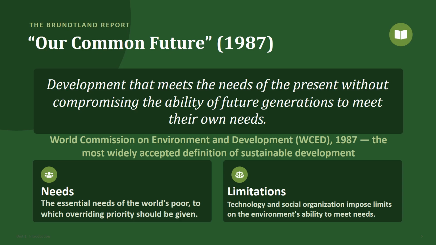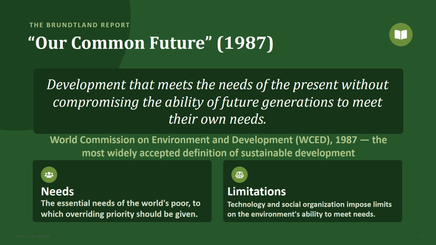The Brundtland report, titled Our Common Future, was released in 1987 by the WCED, the World Commission on Environment and Development, in which sustainable development was defined as development that meets the needs of the present without compromising the ability of future generations to meet their own needs.